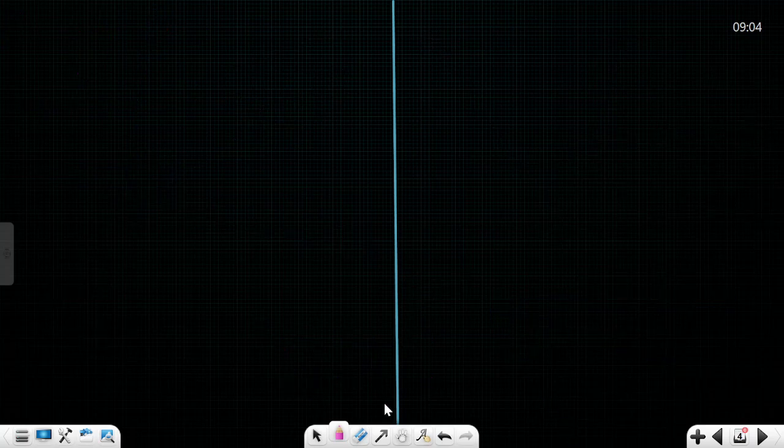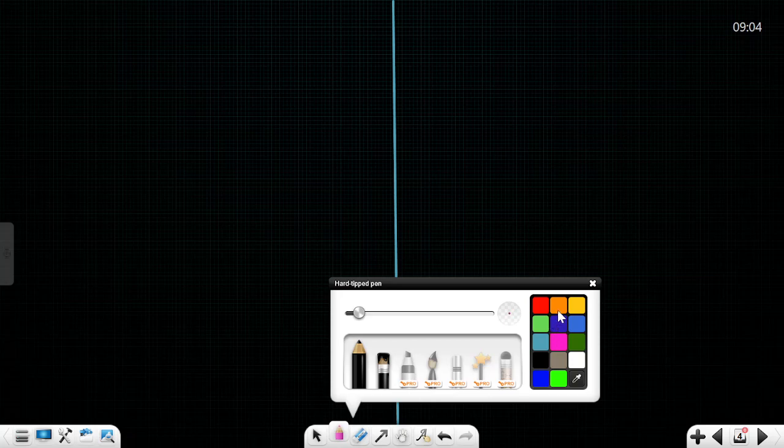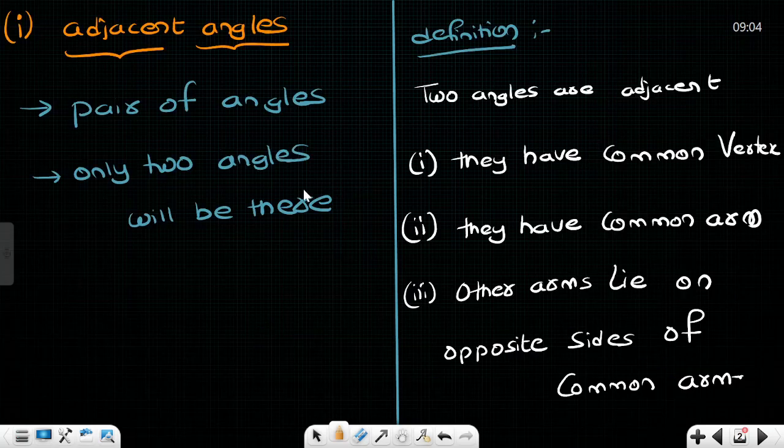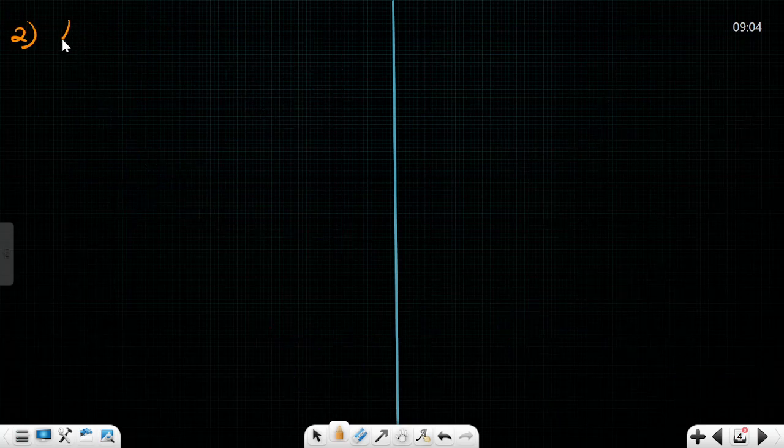Now I am going to the next heading, that is called the second heading. I think the first heading is adjacent angle. The second heading is called linear pair. We learned about adjacent angles.